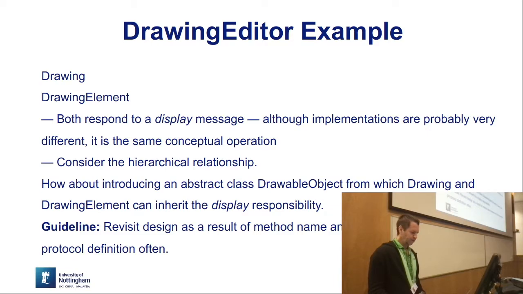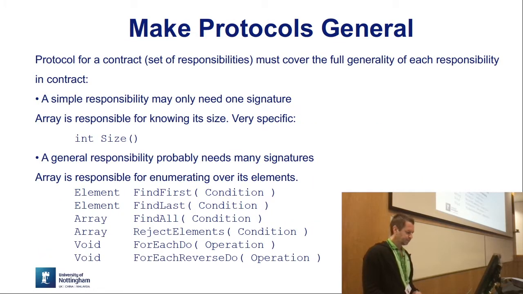Okay, so we could introduce an abstract class called drawable object from which drawing and drawing element can inherit the display responsibility. The point there is they both have that responsibility, and somehow there should be some shared behavior represented there. So here's an example of some protocols.